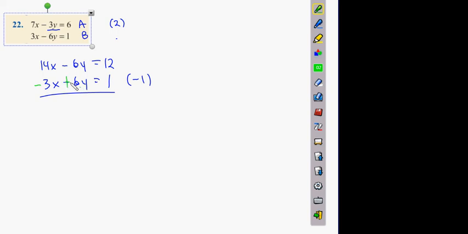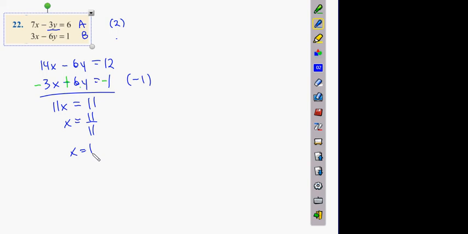And minus 1. Okay? Add it directly downwards, and what happens? We get 11x equals 12 minus 1, which is 11. X equals 11 over 11. X equals 1.